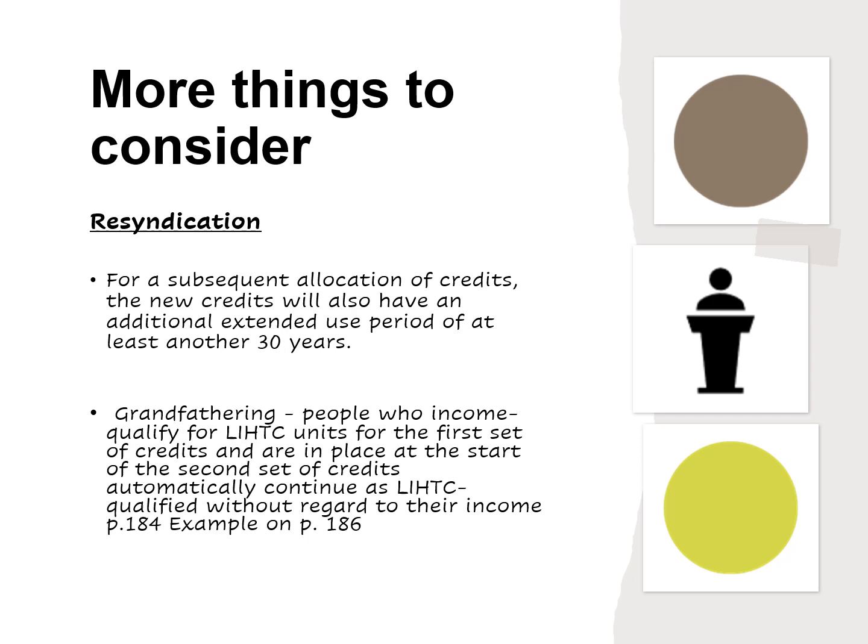Grandfathering: people who income qualify for LIHTC units for the first set of credits and are in place at the start of the second set of credits automatically continue as LIHTC qualified for the second set without regard to their income at the time of the start of the new credits. You can refer to page 184 of the DCA LIHTC and Home Compliance Manual for this policy, with a great example on page 186.